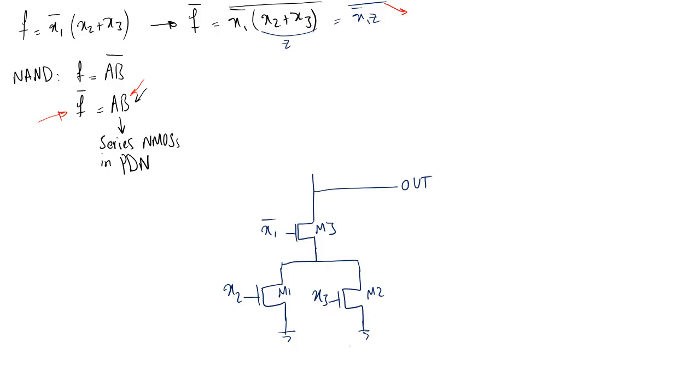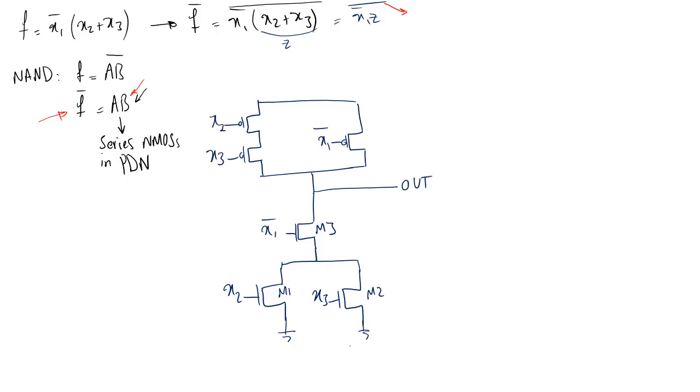So now it should be in parallel with the series combination of the other two. So in the pull-up network, I should have one transistor in parallel with the series combination of the other two transistors. That transistor in parallel is still x1 bar, and those two transistors are x2 and x3.